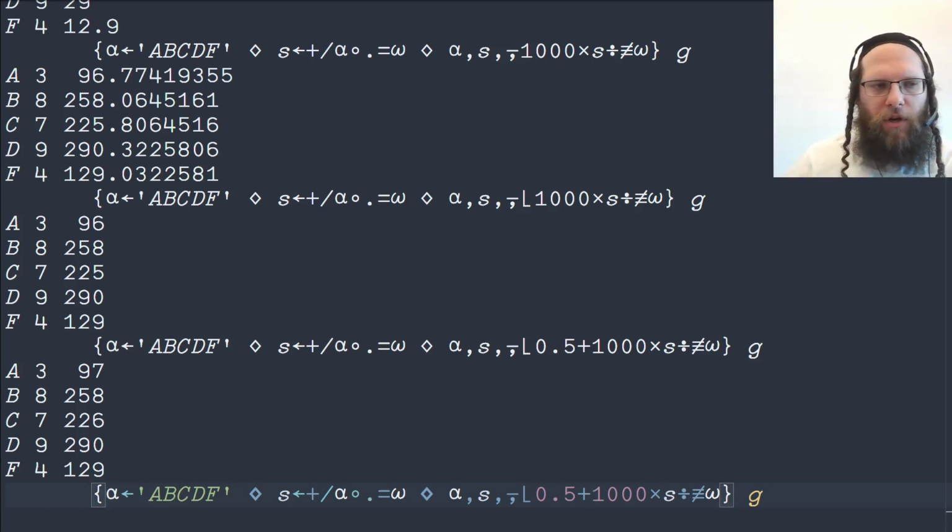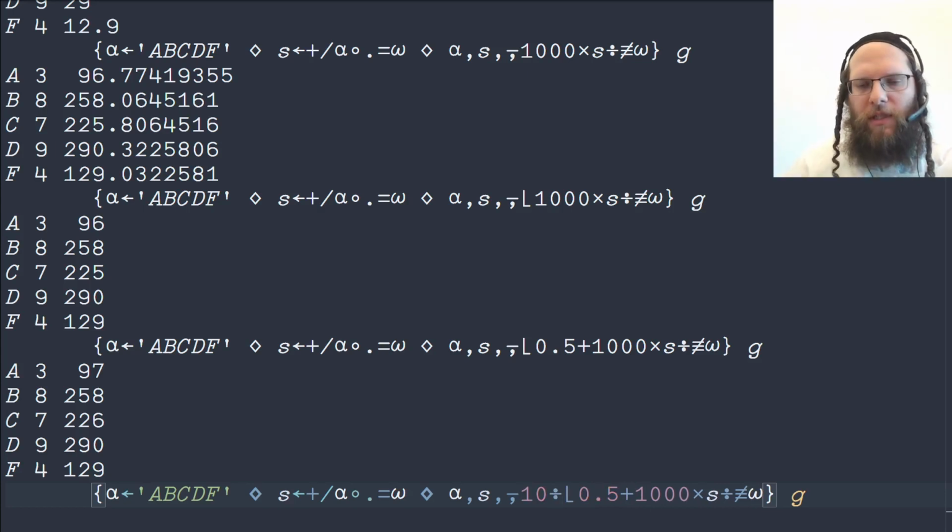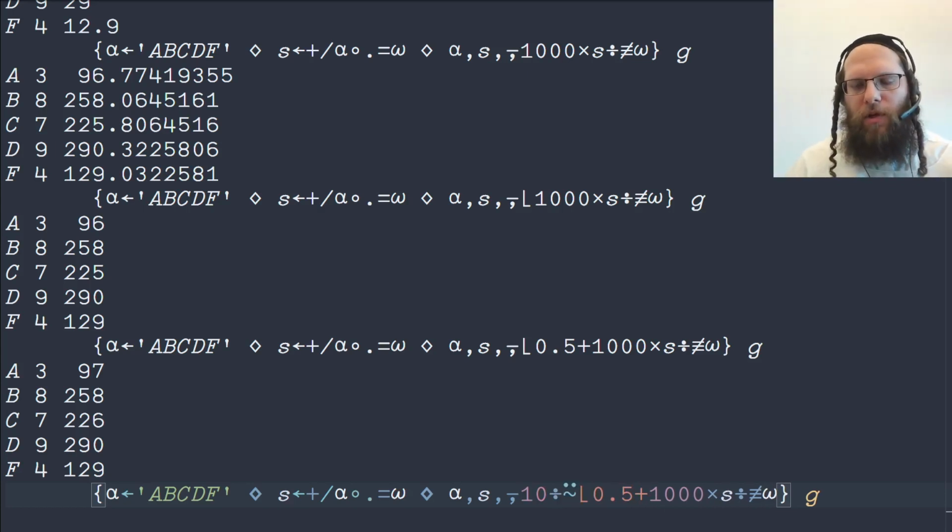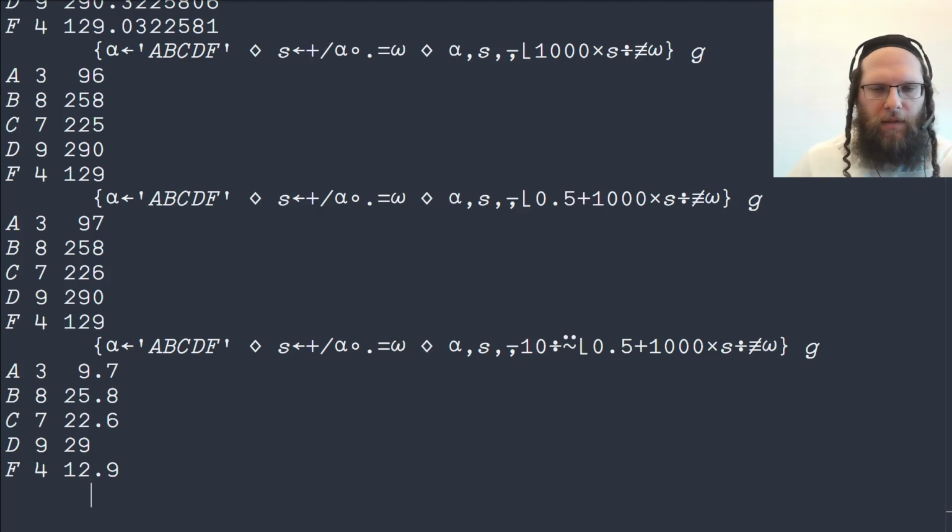But our numbers are too big now. We want to divide them by 10. Of course, this has 10 divided by, but the commute operator can swap the arguments to the division function, so that this is 10 into whatever we have over here, rather than the opposite. And this solves our problem in a safe and efficient manner.